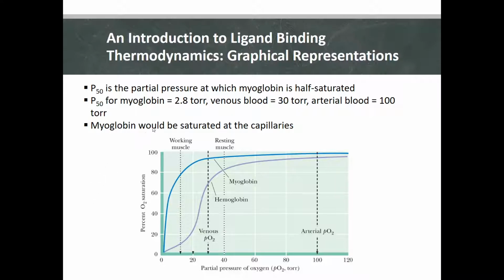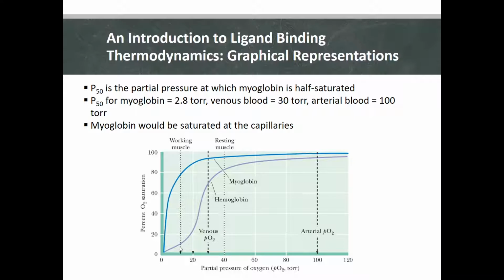You'll see that under those conditions, where we're at about 10 or 15 torr, myoglobin is going to be less than 80% saturated, and hemoglobin is going to be about 10% or less saturated. So the fractional saturation depends on the concentration of ligand that's available.